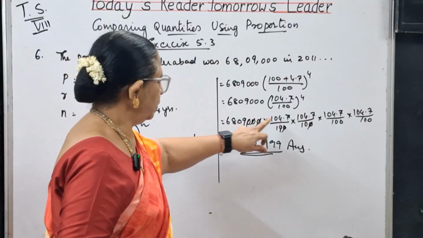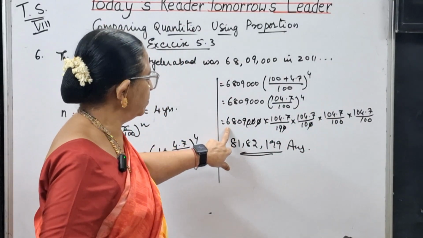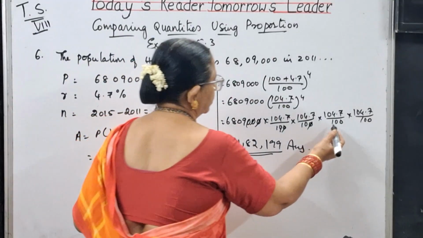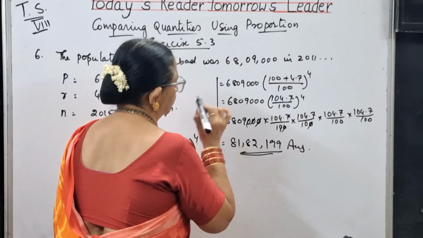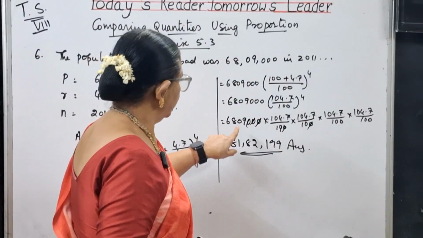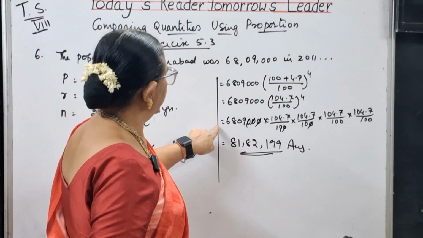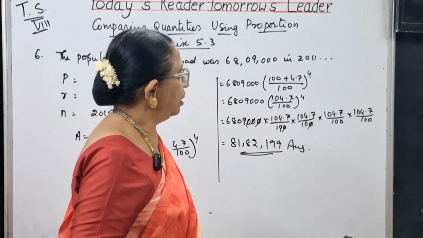So you have to multiply 4 times this and multiply by this. You can take 5 zeros here, and one more zero if you keep 5 point. So 0.06809 into this.